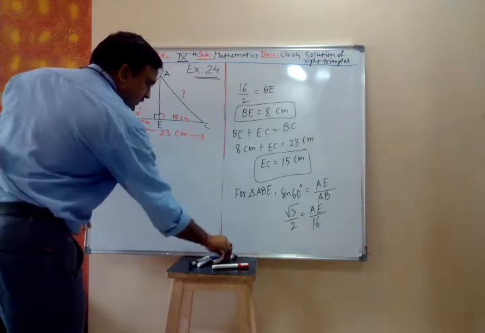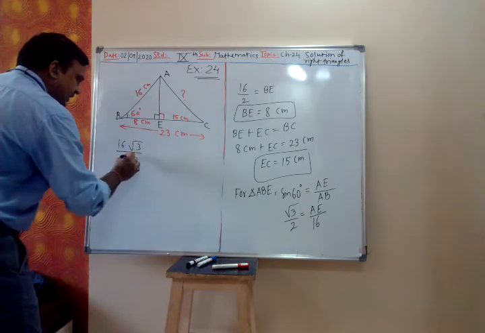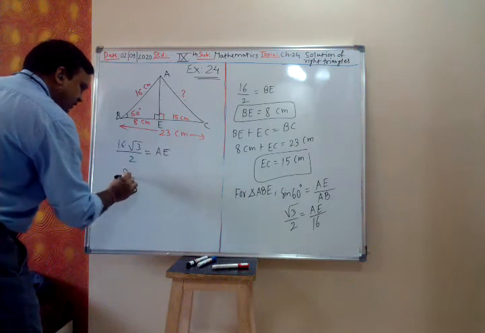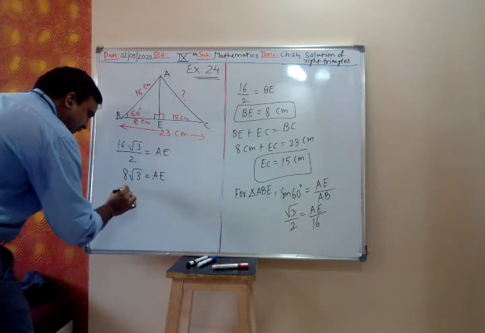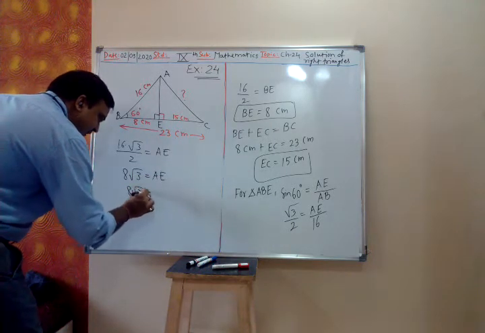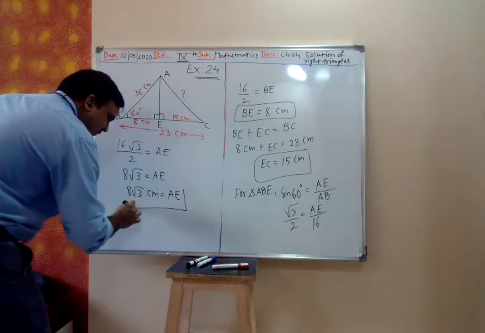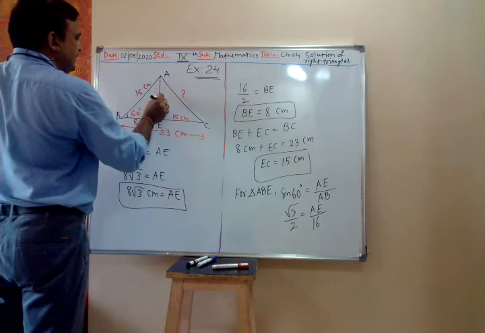So 16 into root 3 by 2 is AE, so that is 8 root 3. We write AE as 8 root 3 centimeter. We are interested in AC, so this is my 8 root 3, no problem.